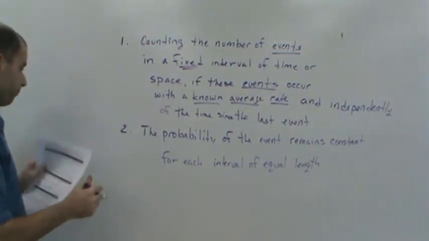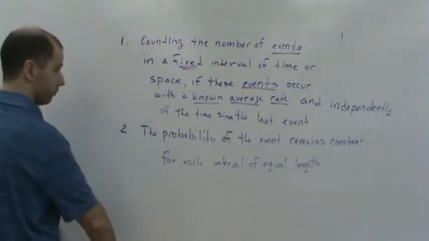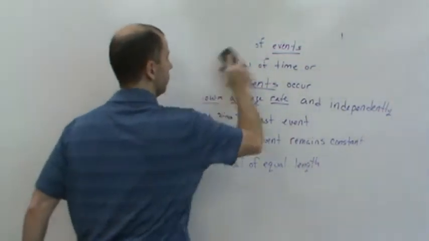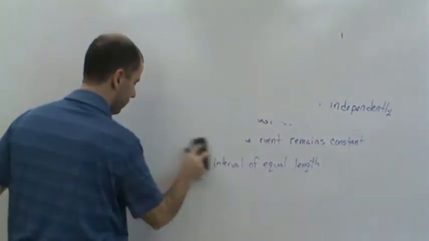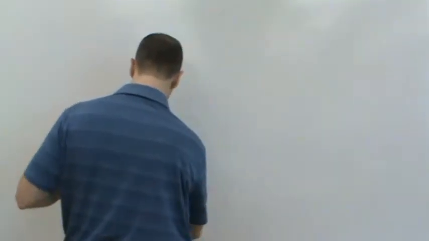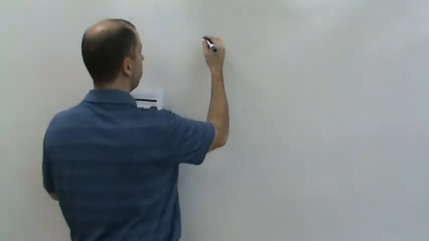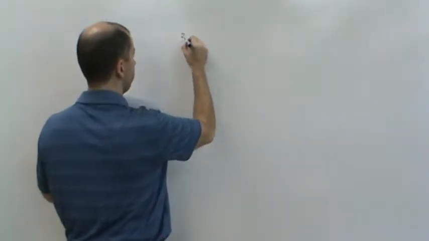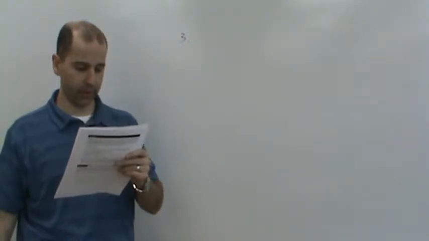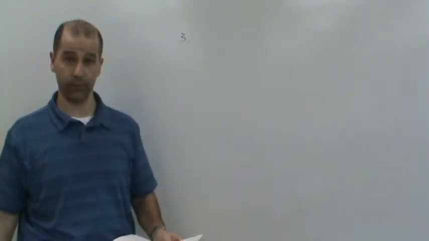And then 3. The number of occurrences in one fixed interval is independent of the number of occurrences in other fixed intervals, right?